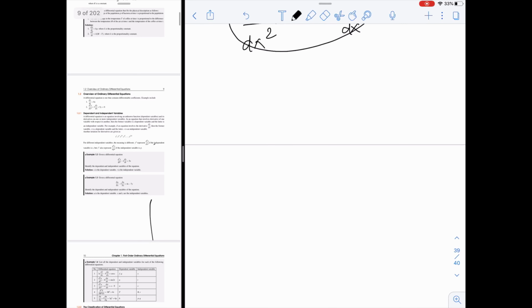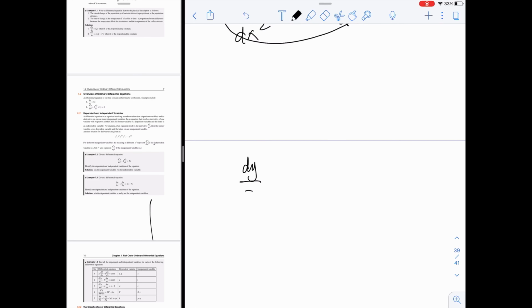Before we go further on the application or on solving the ordinary differential equation, we need to understand first what the dependent and independent variables are in a differential equation. For example, if you have dy/dx here, this is the term of the differential equation.